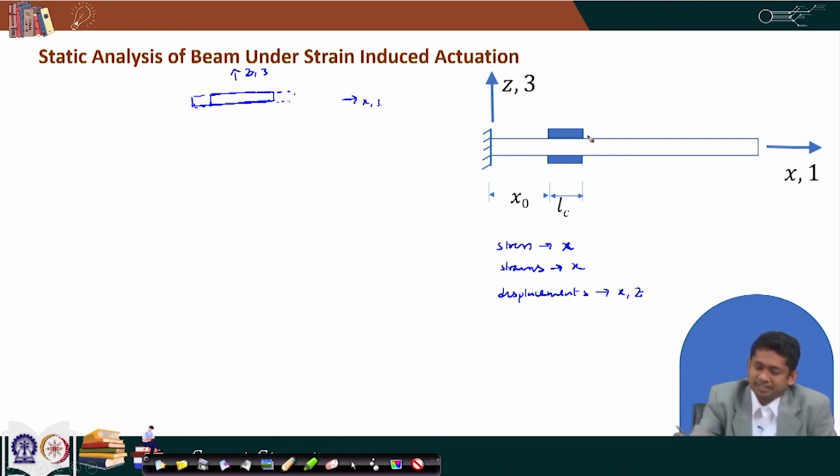But because it is fitted to a structure, this structure has some stiffness. So, because of that, it will not be able to expand or contract fully. Depending on the stiffness of the piezo and stiffness of the structure, it would come somewhere in between, maybe here. So, this much of the strain difference remains, the difference between the free strain and the strain that is possible.